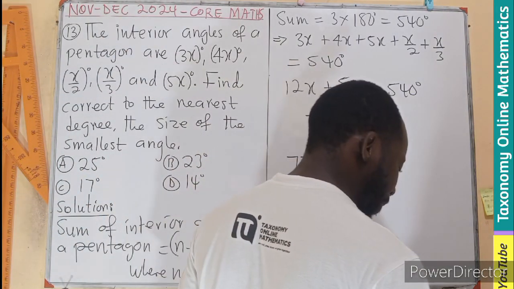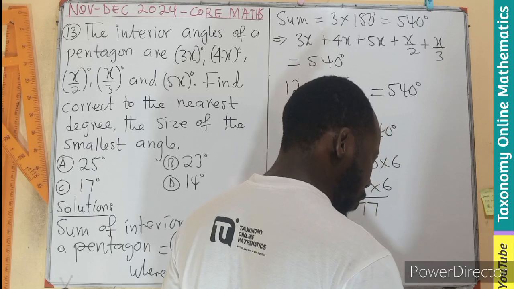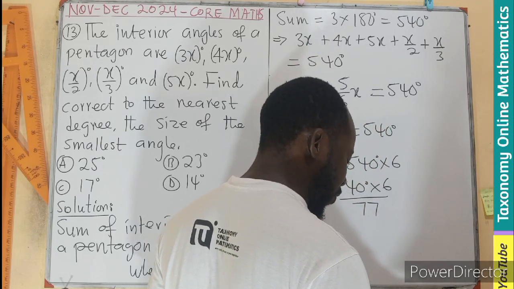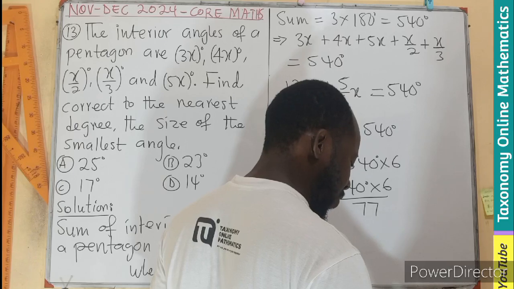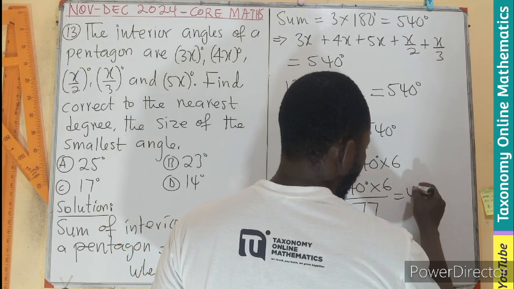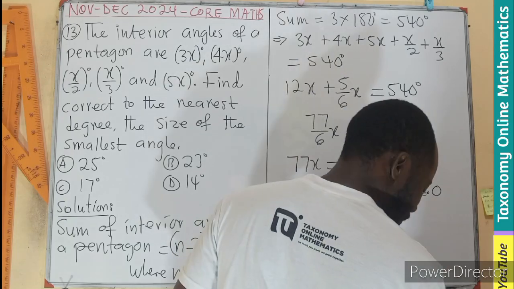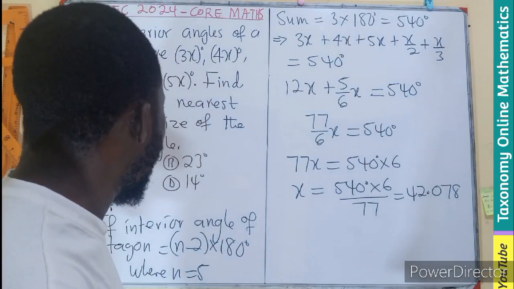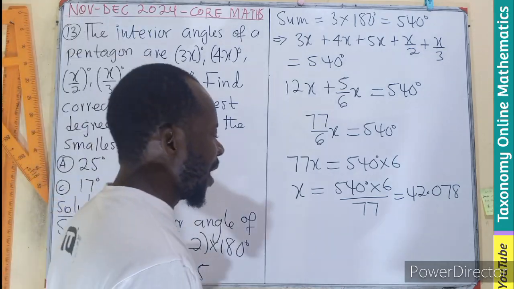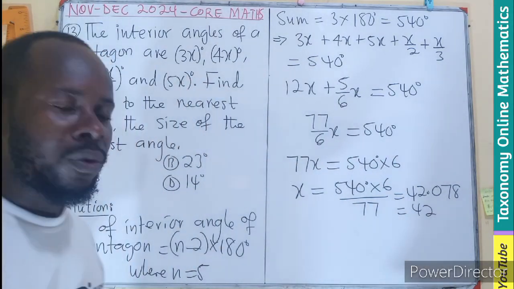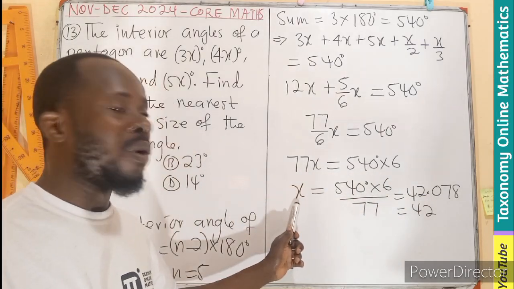On our calculator, if you do this division, 540 times 6 divided by 77, you should have 42.078. But we are leaving the answer in the nearest whole number, so this is going to be 42. So this is 42 as the value of x.